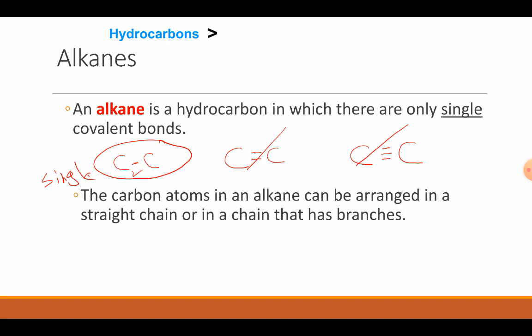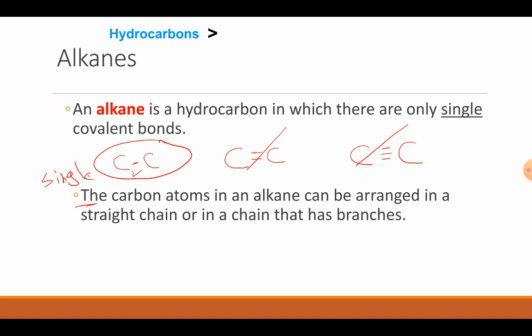Okay? The carbon atoms in an alkane can be arranged in a straight chain or in a chain that has branches. As we talked in the previous lesson, we have a straight carbon backbone and a branched one.